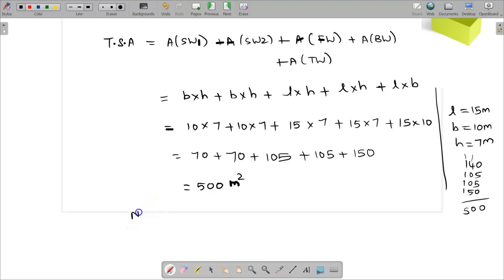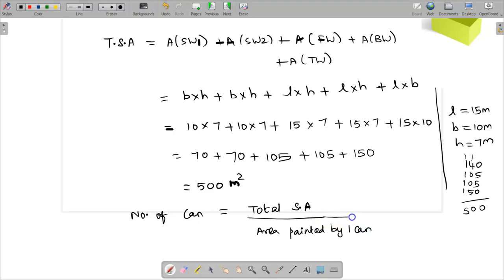So the number of cans is given by total surface area divided by area painted by 1 can. If you divide these two values, we can find the number of cans.